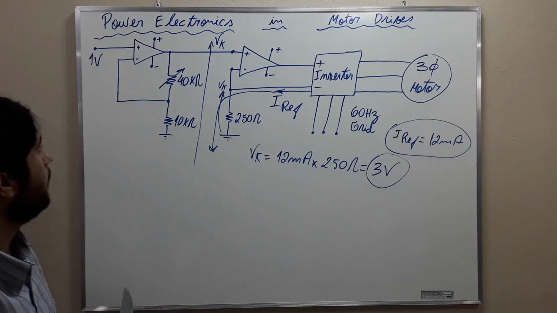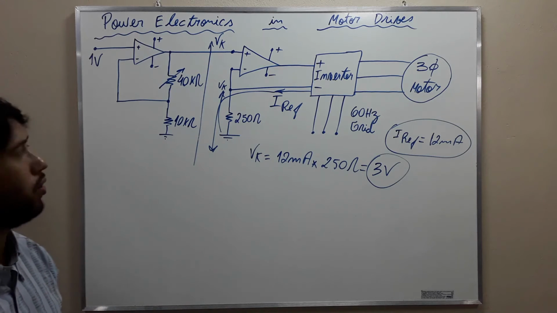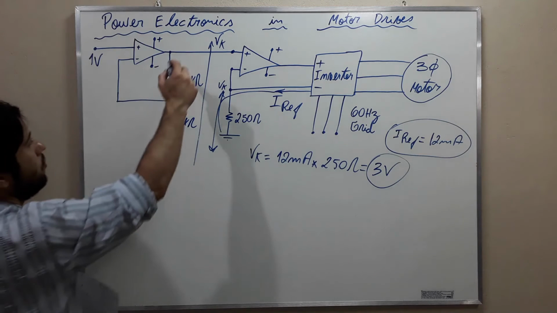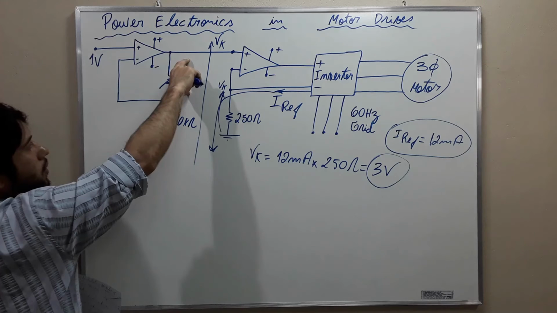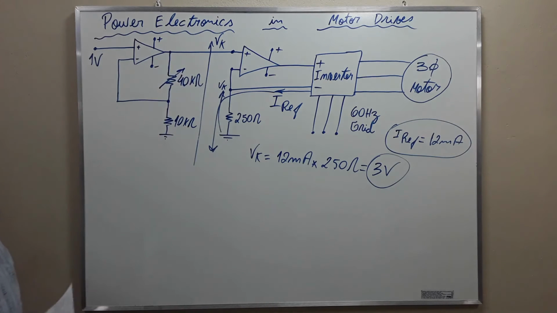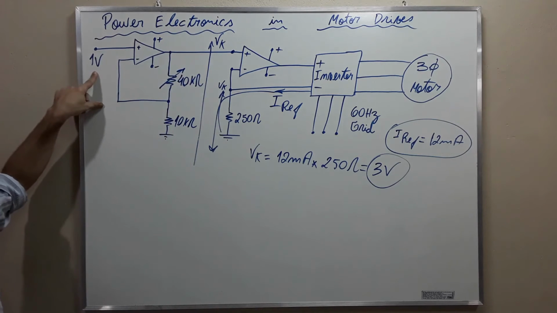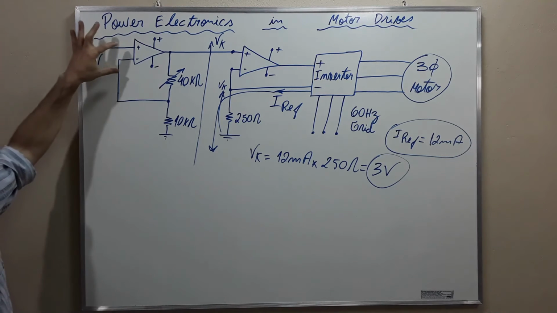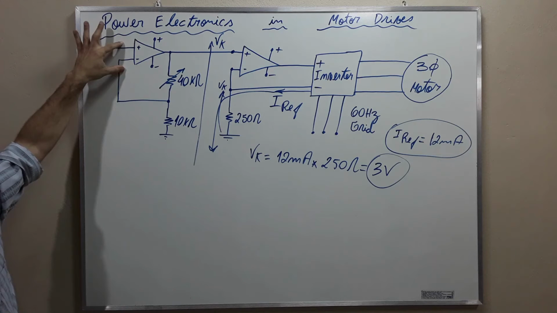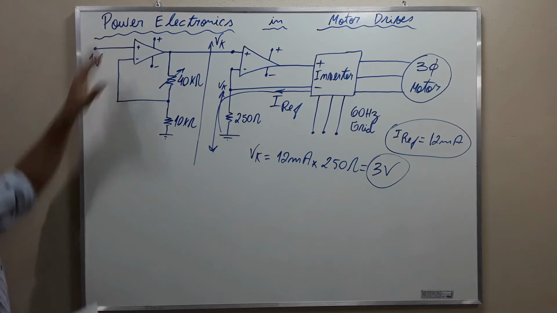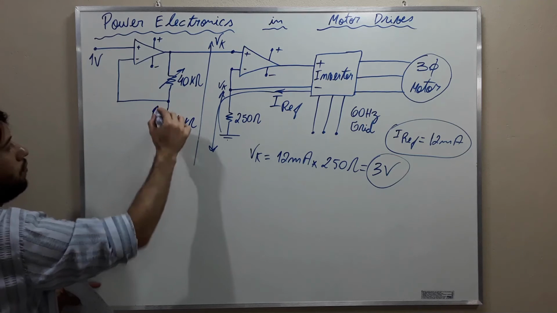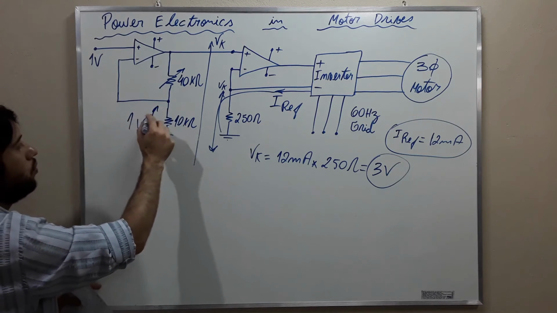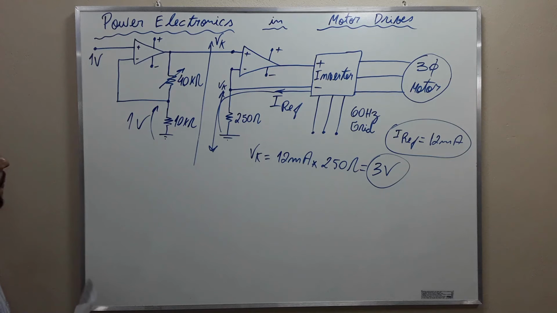All right, but now what we need to do is to calculate this voltage drop here on top of the potentiometer here. The exercise already gave us that here is 1 volt. And again, knowing that there is a virtual short circuit here, not physical but virtual, then we can infer that the voltage on top of this resistor here is 1 volt. Okay?